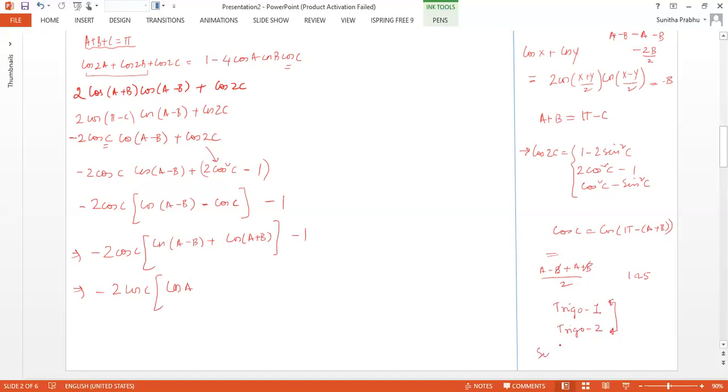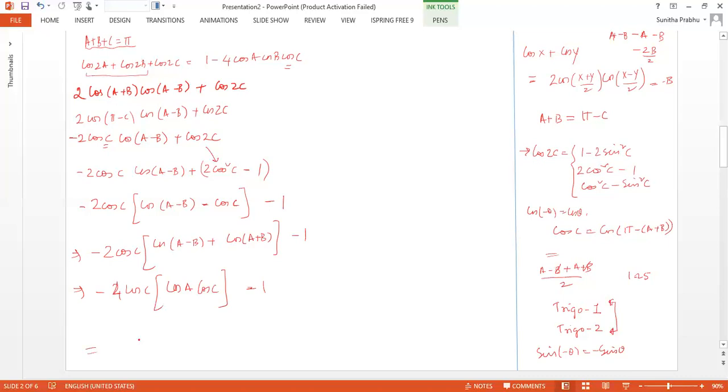Cos of minus B is nothing but cos B itself. Sine of minus theta is minus sine theta, but cos of minus theta is cos theta. So I'll get it as cos C. And there is a 2 also involved in this. That 2 becomes 4. Correct? Yes, sir. Minus 1.